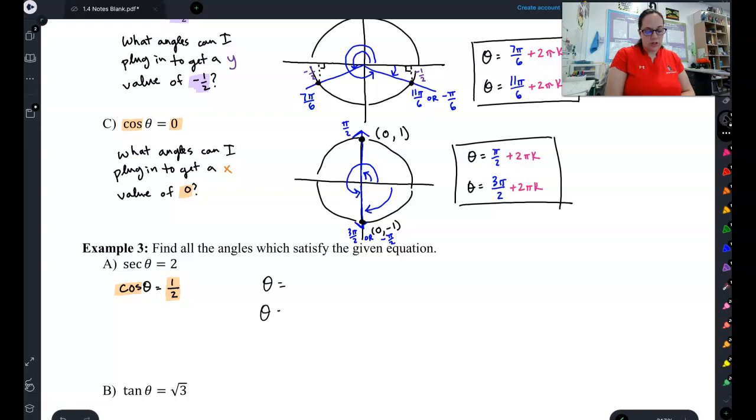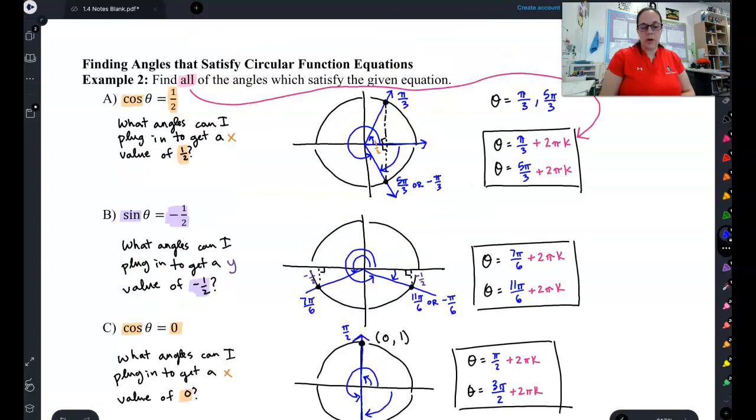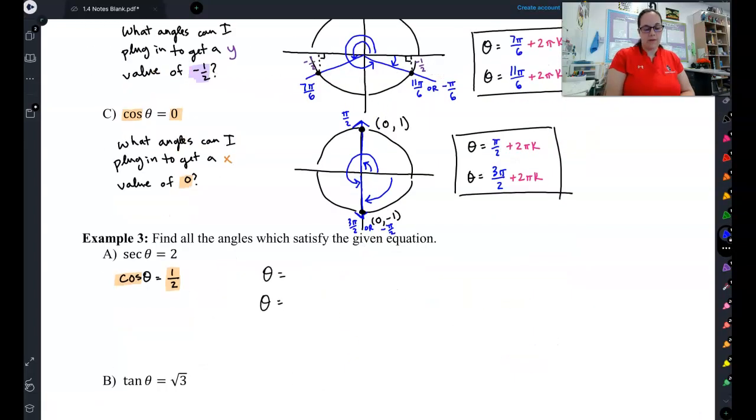So let's just use those angles we already got. We had pi thirds and 5 pi thirds. And once again, it does ask for all, so we're going to add our 2 pi k to account for all our coterminal angles.